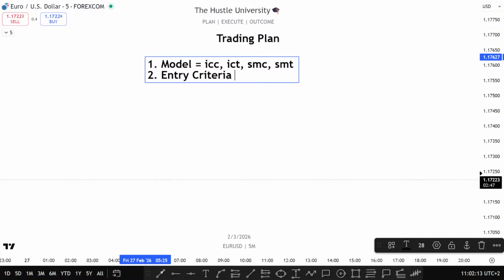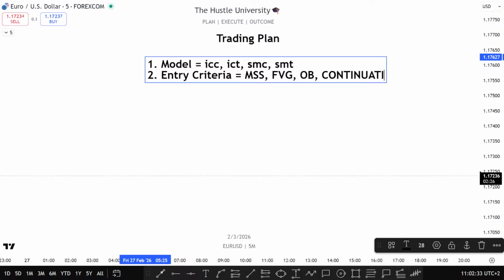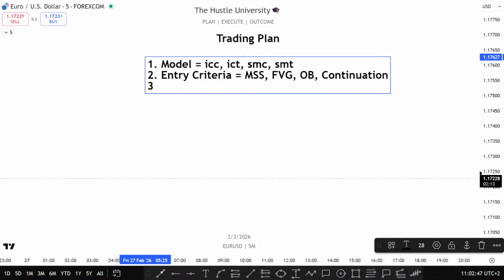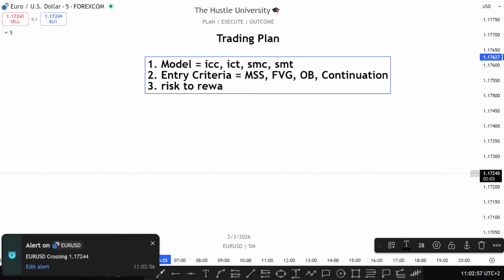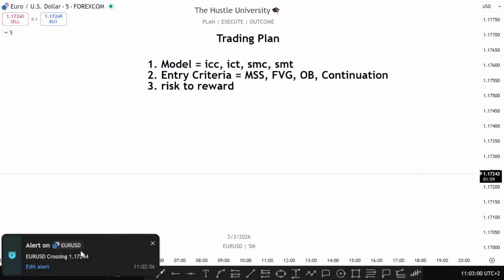Entry criteria relies mostly on things like a market structure shift, fair value gaps, order blocks, or continuation. All of these play a role in what you're gunning for. And number three, what you're aiming for is your risk to reward. All of these things make a trading plan.